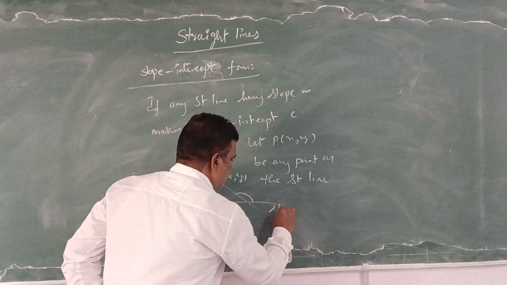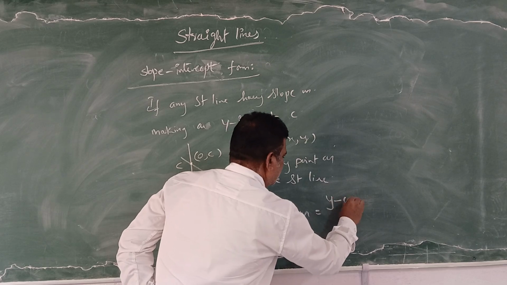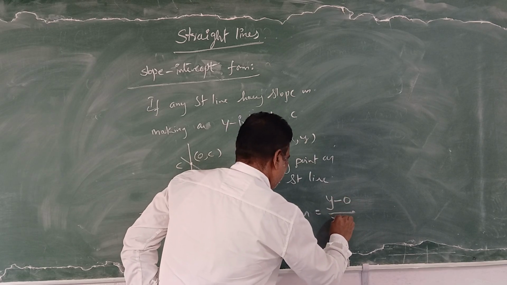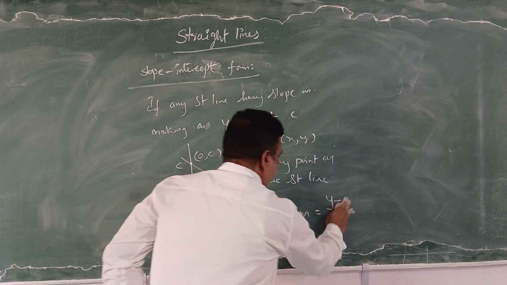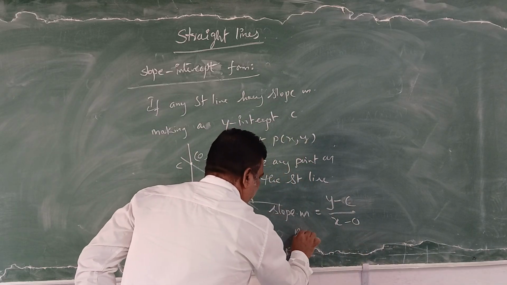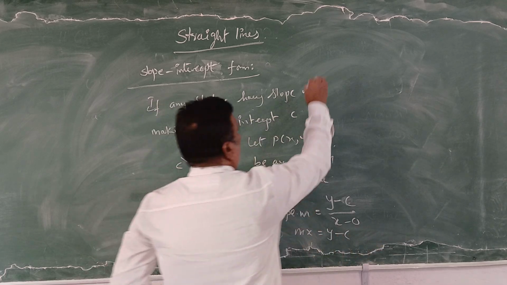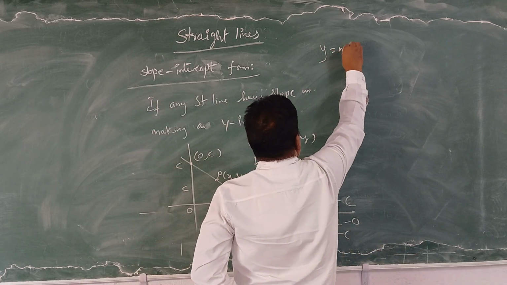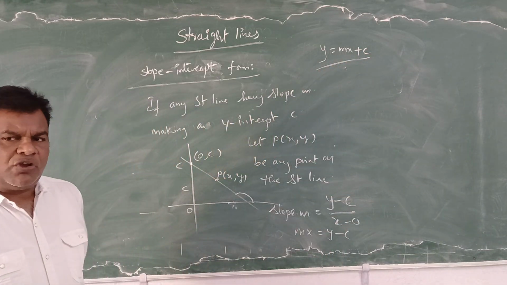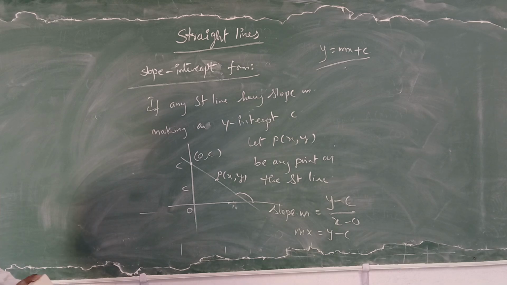Slope m equals (y minus c) by (x minus 0). So mx equals y minus c, y is equal to mx plus c. Okay?